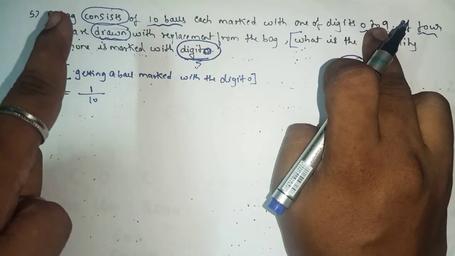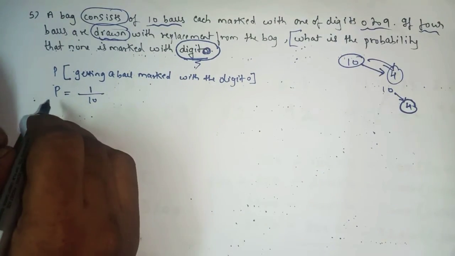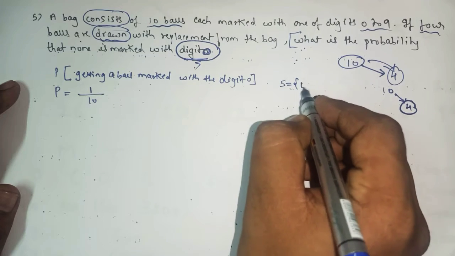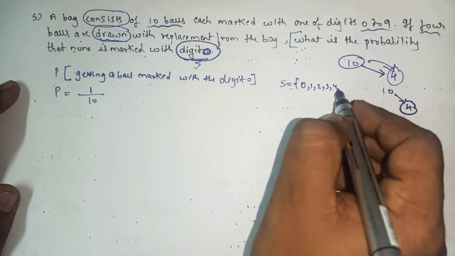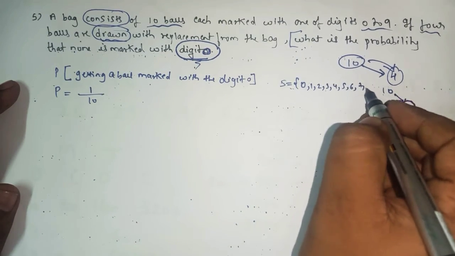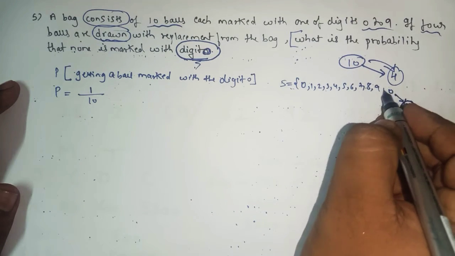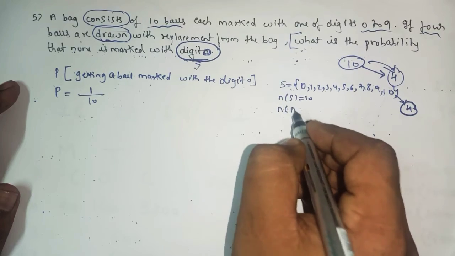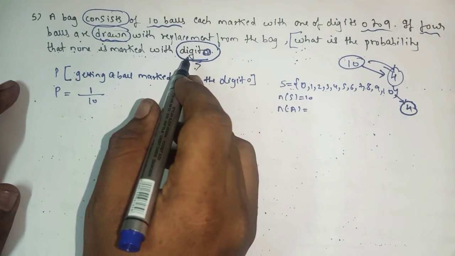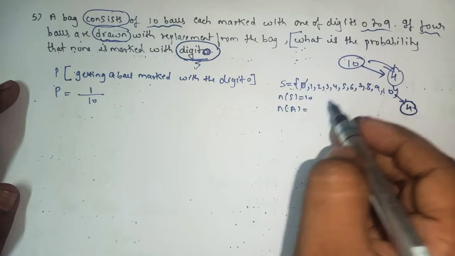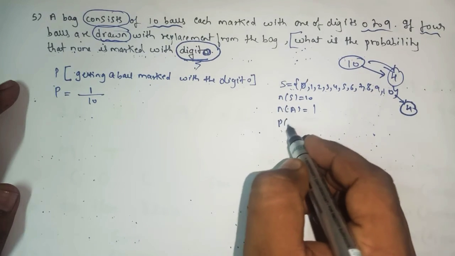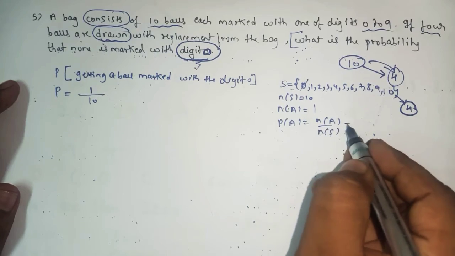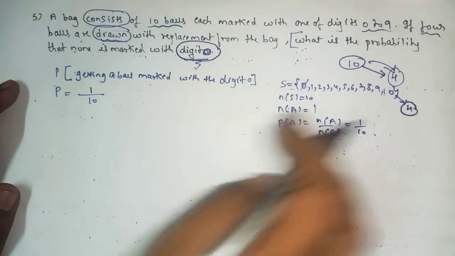Clearly, when you write the sample space, it will be 0, 1, 2, 3, 4, 5, 6, 7, 8, 9. So n of s will be 10. Now n of a, marked with digit 0: here we are getting only one answer. So probability of a will be n of a upon n of s. So the answer will be 1 by 10. Understood now?